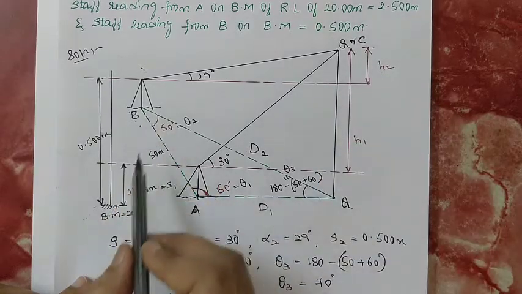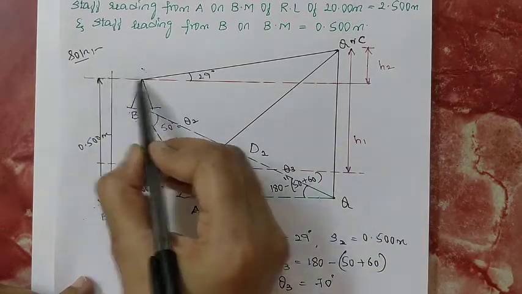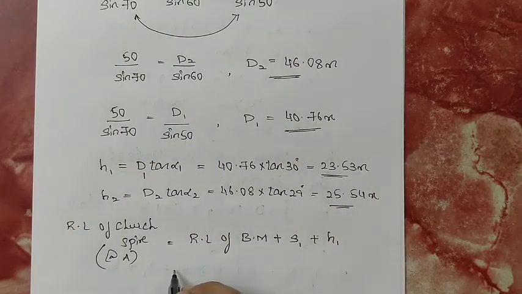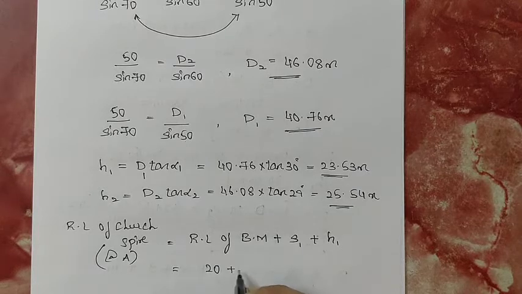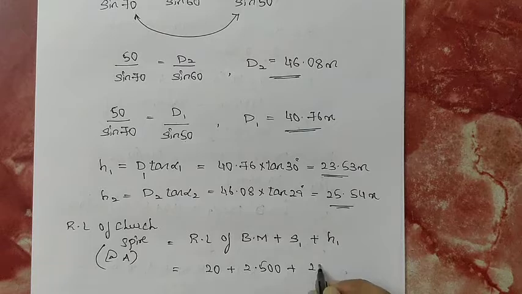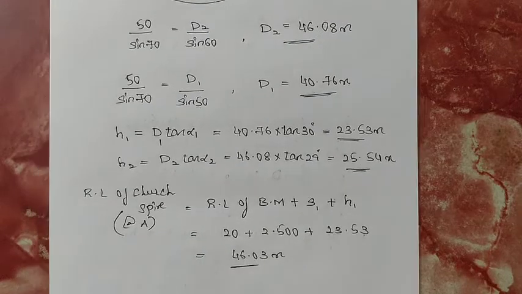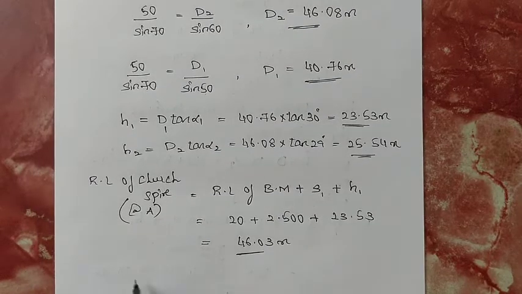When it is at B, RL of benchmark plus S2 plus H2. Substitute the values. RL of benchmark is 20 meter plus S1 is 2.500 plus H1 is 23.53. Upon simplification you will get RL as 46.03 meter.